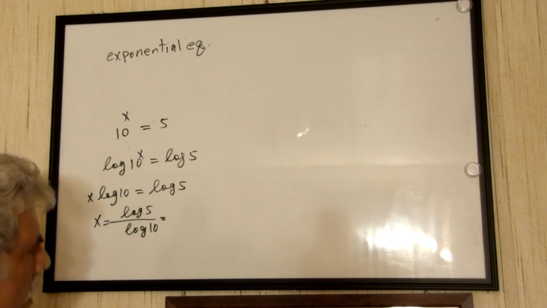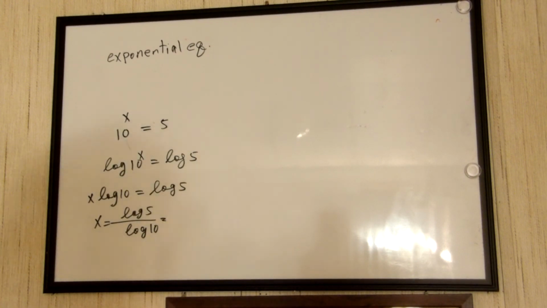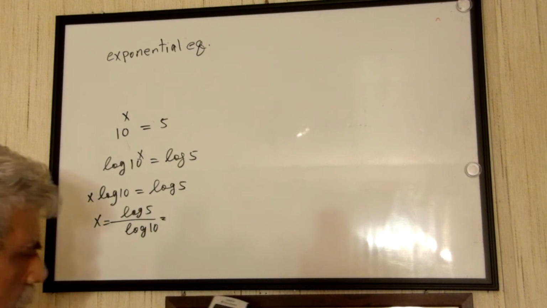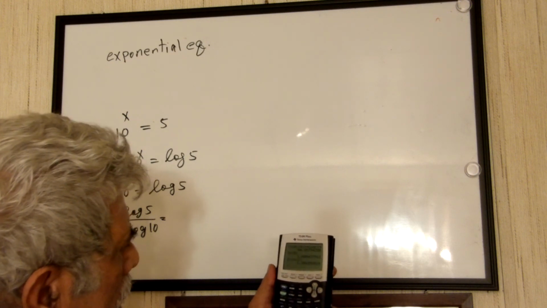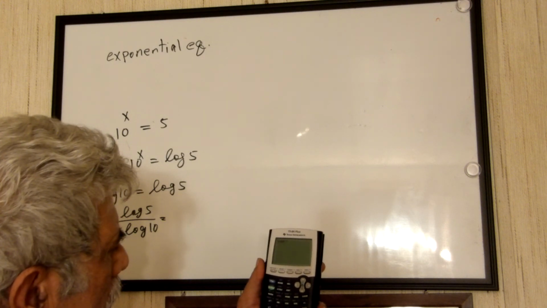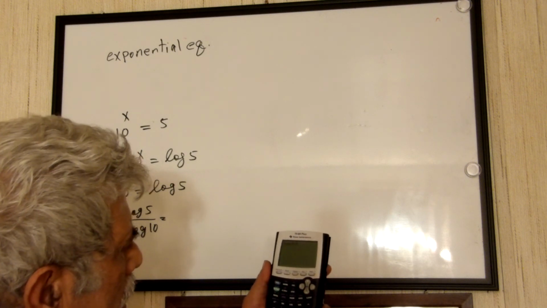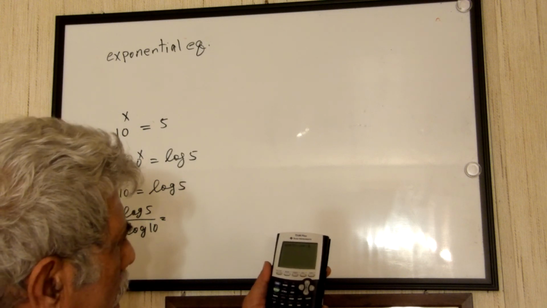If you put this one in the calculator, you can see that, let's clear the whole thing, it is log 5 divided by log 10.